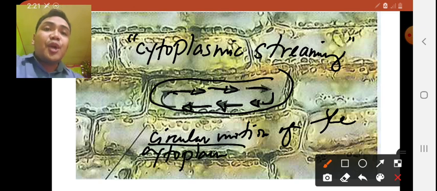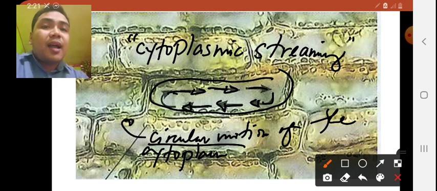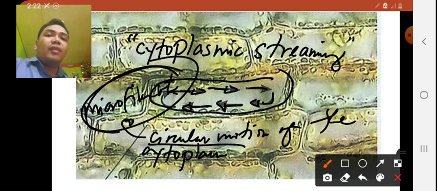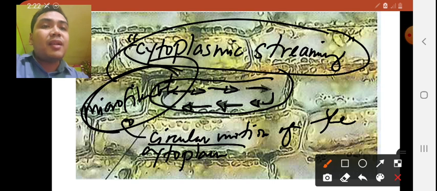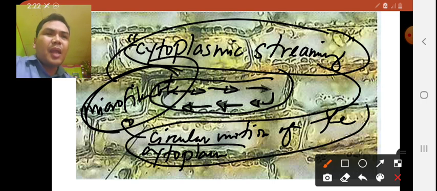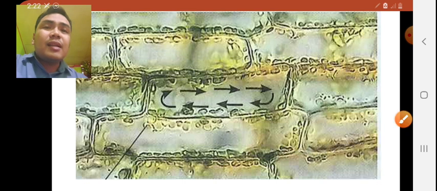So, this circular motion of the cytoplasm is actually caused by our topic, microfilaments. So, the microfilaments are responsible for the cytoplasmic streaming, which can be defined as the circular motion of the cytoplasm. But take a look with this idea.